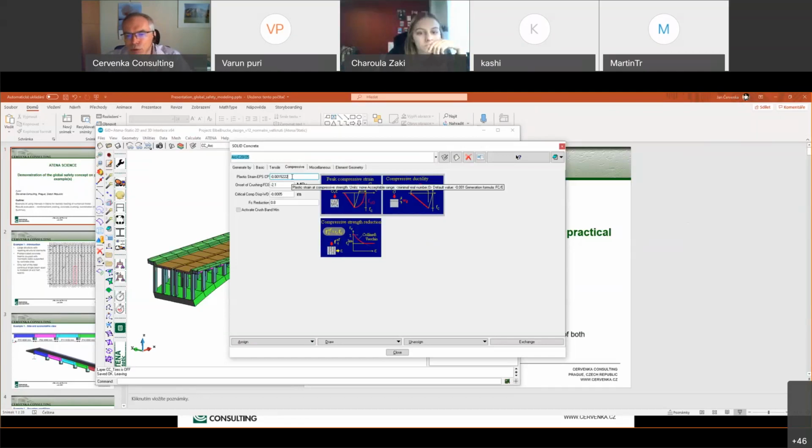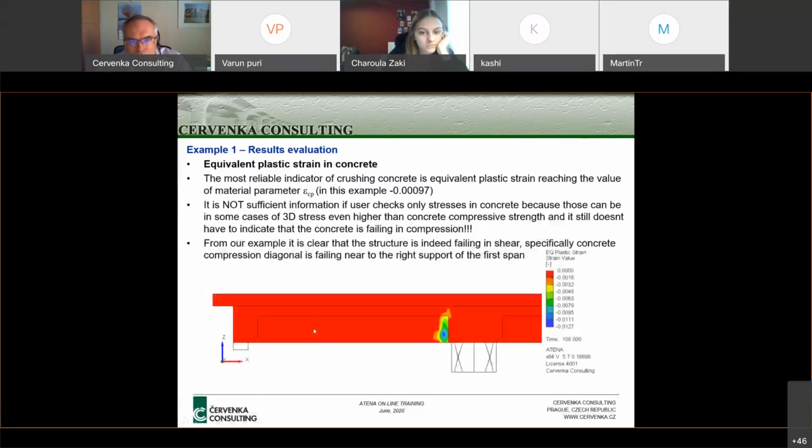Maybe still due to confinement the stresses may be still increasing, but the concrete is really crushing at that point. So in this case, the epsilon CP was this value, and anything above this value, which is everything in blue, basically indicates concrete crushing.